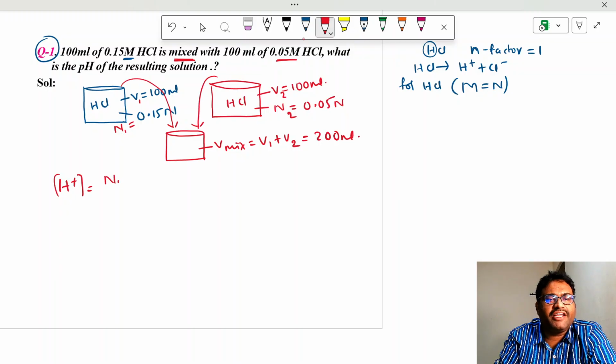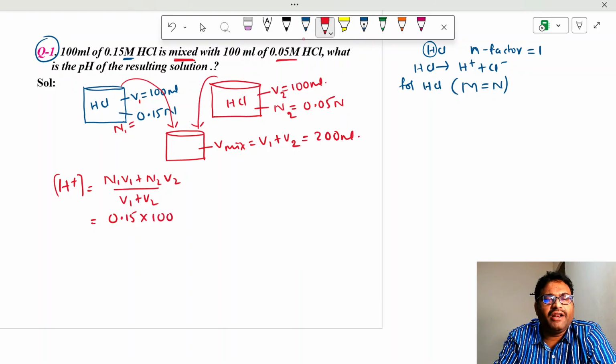What is that formula? N1 V1 plus N2 V2 by V1 plus V2. N1 is how much? 0.15 into 100 ml, plus N2 is equal to how much? 0.05 into 100 ml.